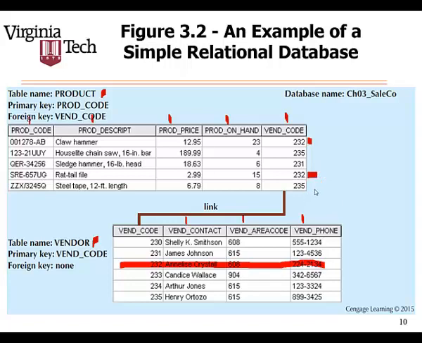We only want to store each fact one time. So we only want to store the fact that Annalise Crystal is in area code 608 and has phone number 224-2134. We only want to store that value once.